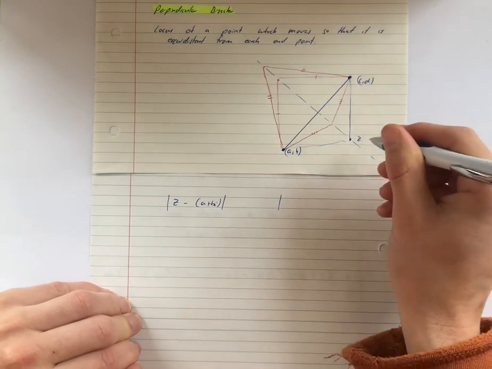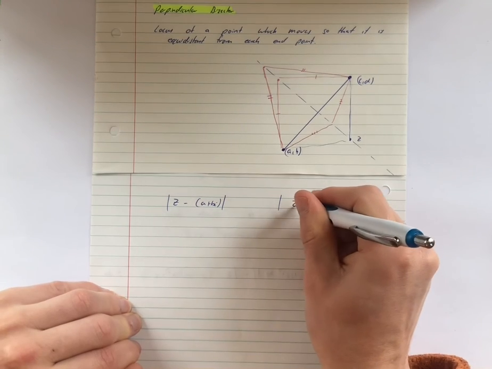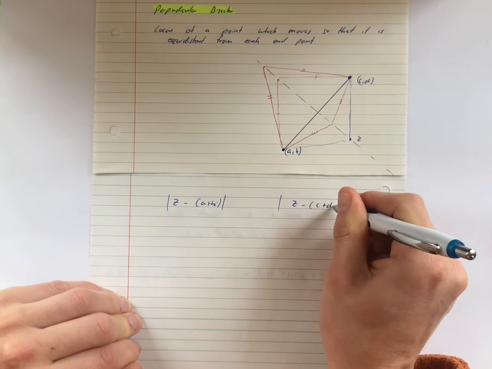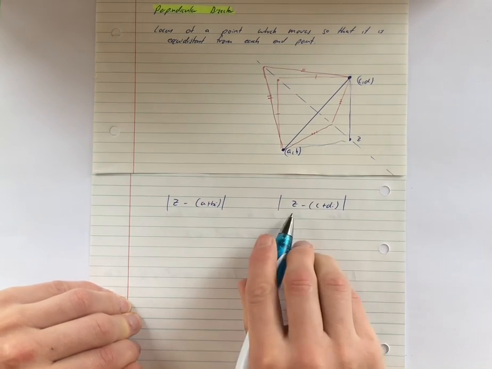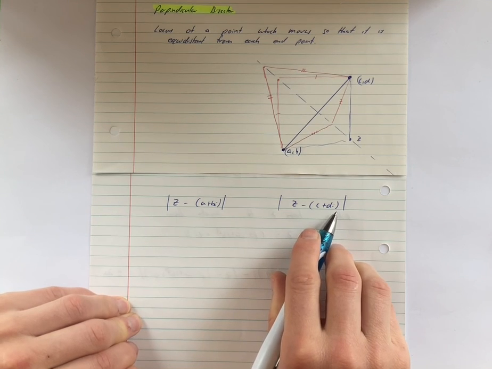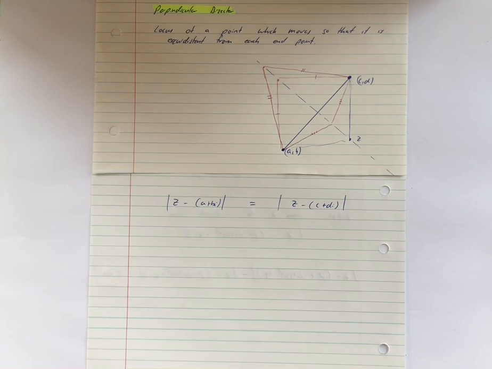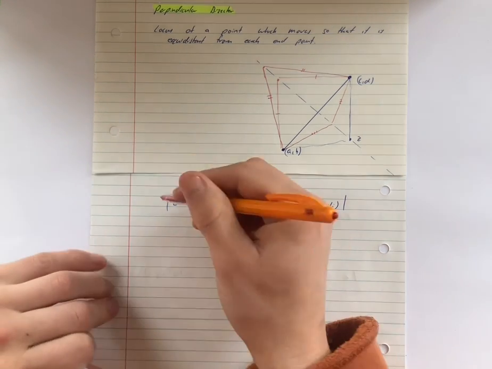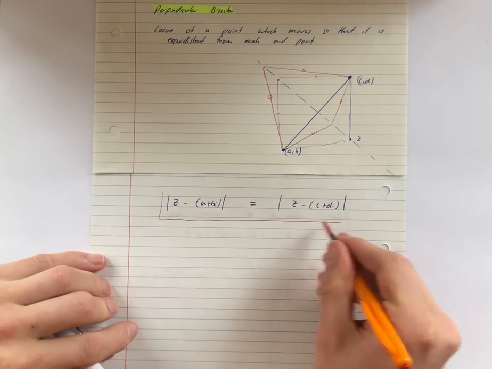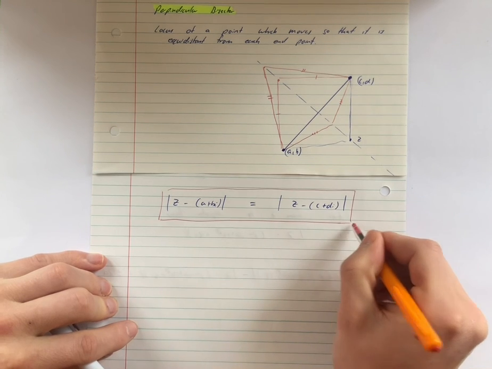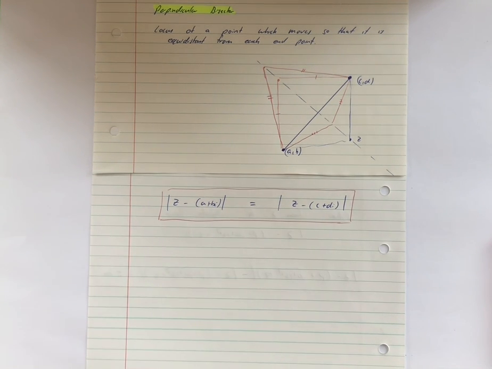The distance from z to (C, D) is just |z - (C + Di)|. And we want those distances to be the same, or equal. So that there is how you derive the complex locus for the perpendicular bisector.